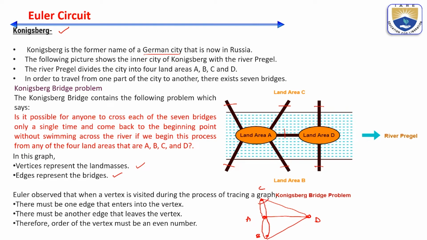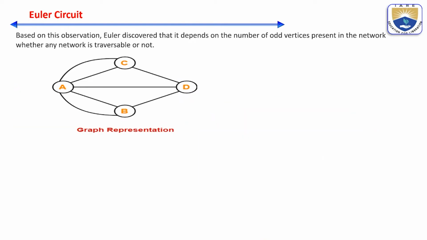So this is nothing but verifying the degree of the vertices. Here C's degree is odd, B's degree is odd, and D is also odd. If any one is odd, then we can say that it is not possible to move from any one vertex, cover all the edges and reach that particular vertex.